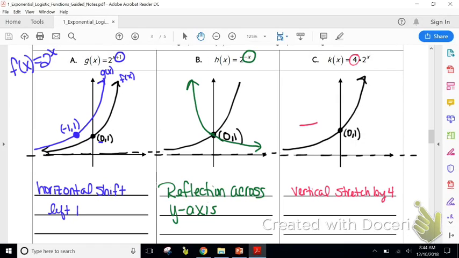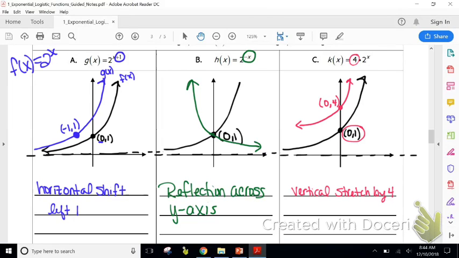So it's just going to go up quicker. Alright, and think about it. That says 4 times. That means we would multiply our y's by 4, right? So if I took my initial value here and I multiplied it by 4, we would get the value up here. And so that's using our transformations to help us graph.